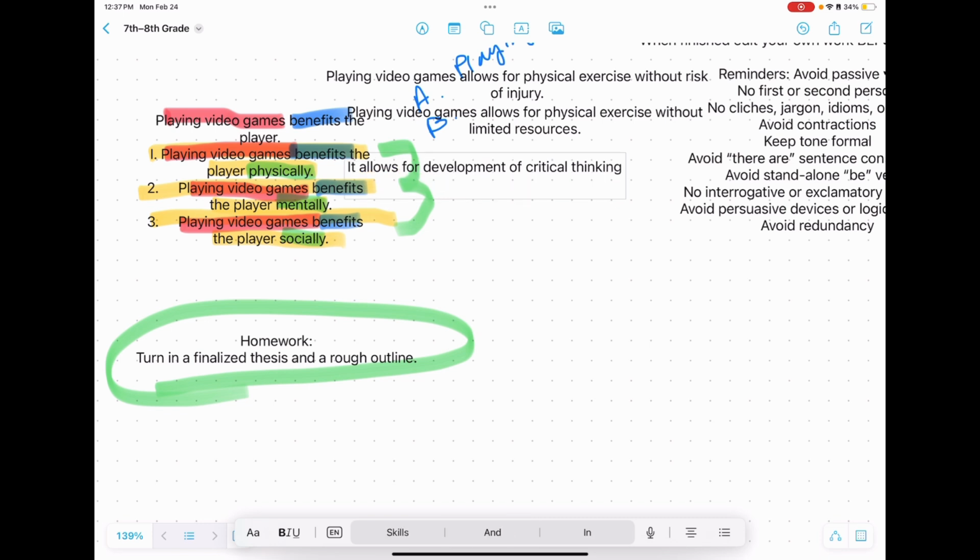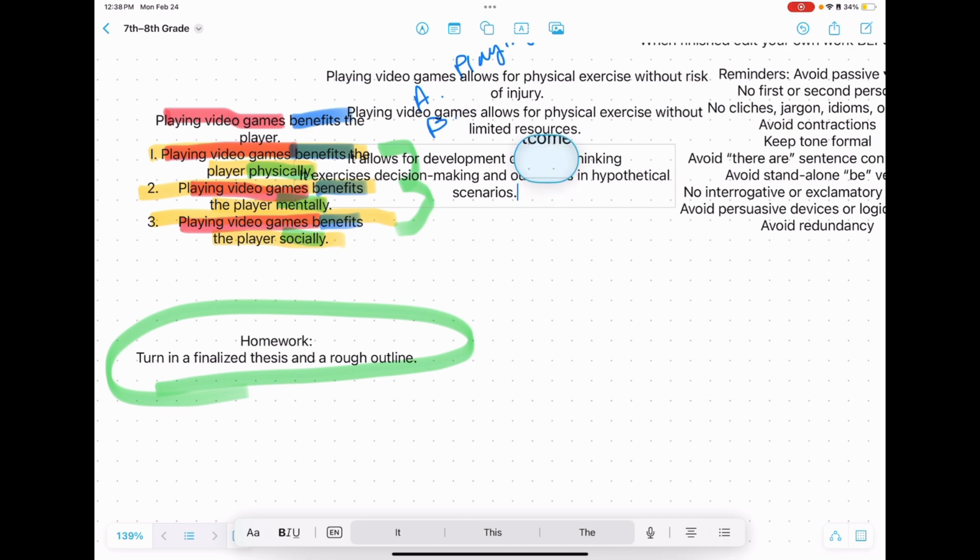And then maybe my point B will be it exercises decision making and outcomes in hypothetical scenarios.